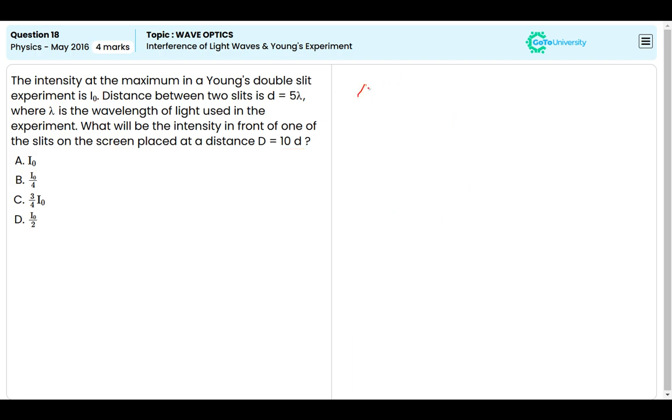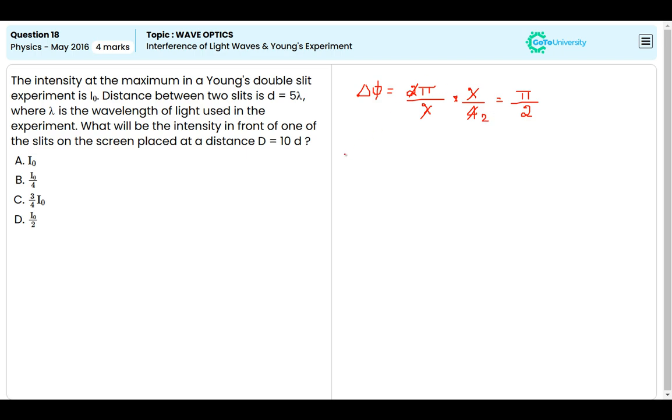Then delta phi is equal to 2 pi divided by lambda into lambda divided by 4, which is equal to pi by 2, where lambda gets cancelled.